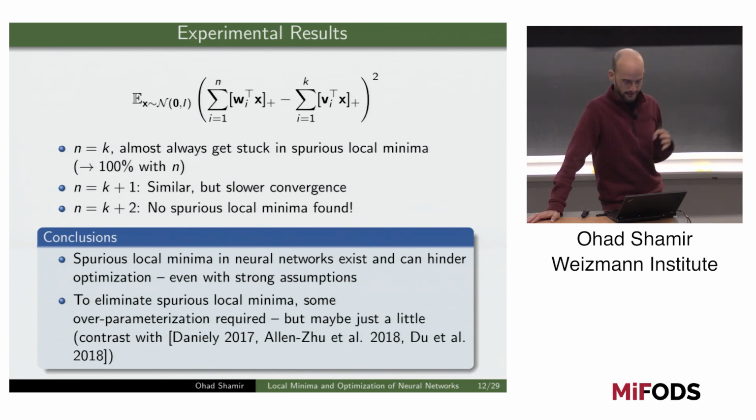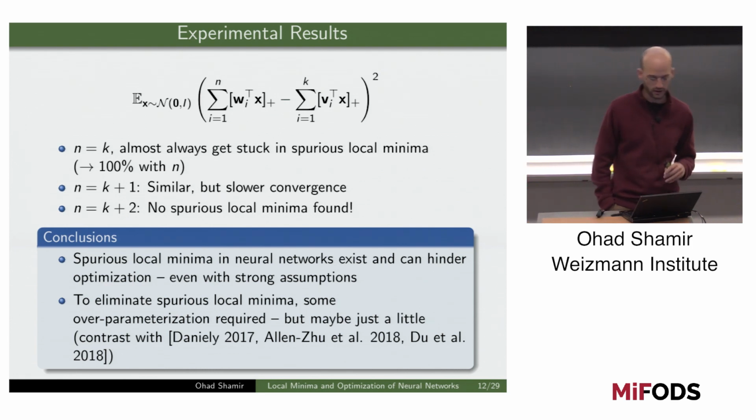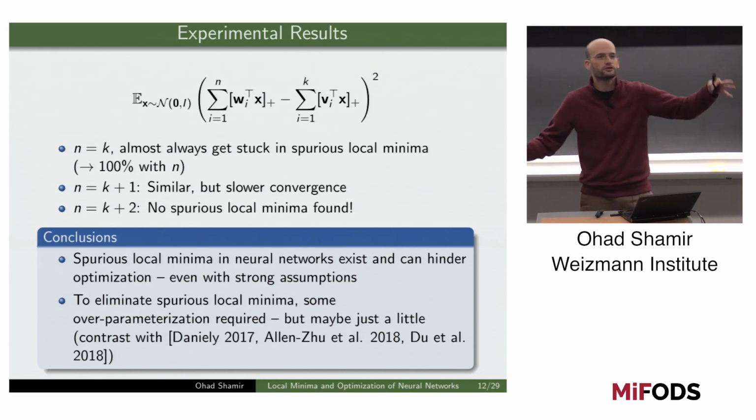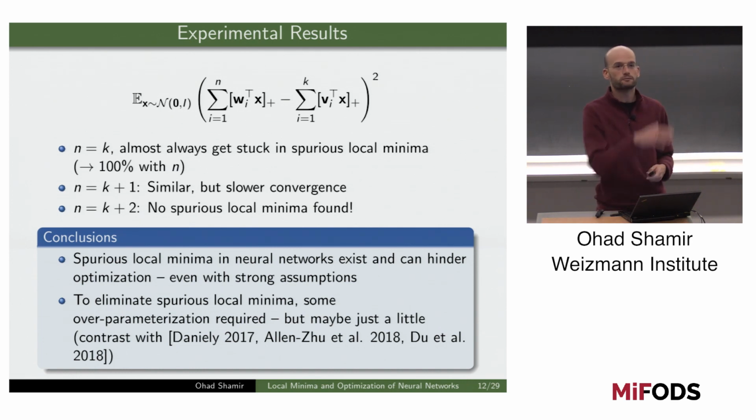Now, I should say that recently there have been several works which showed for settings other than this that sufficient overparameterization, making the neural network sufficiently large, then gradient-based methods provably find an optimal solution.